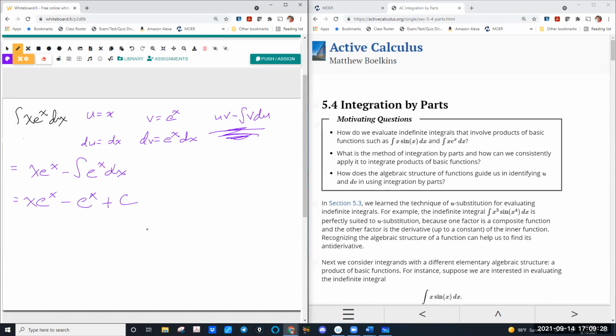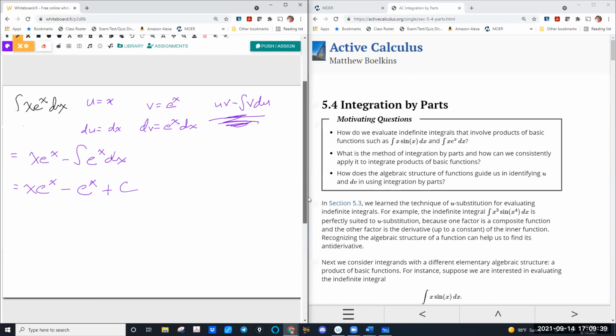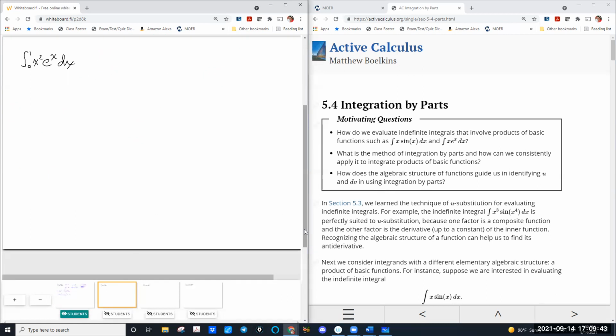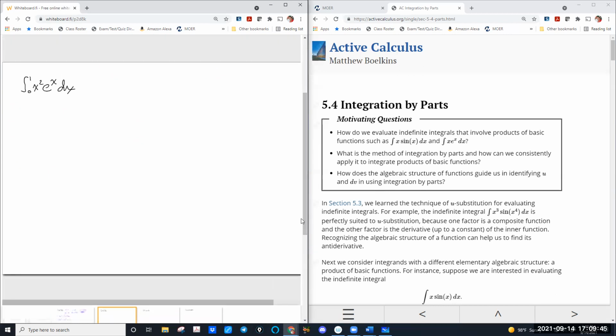Questions about this one? Okay, let's do another one. This one we'll do as a definite integral, because there's just a couple things I want to mention. But realize with the definite integral, really, what do you need?